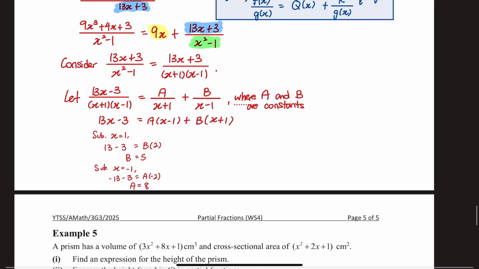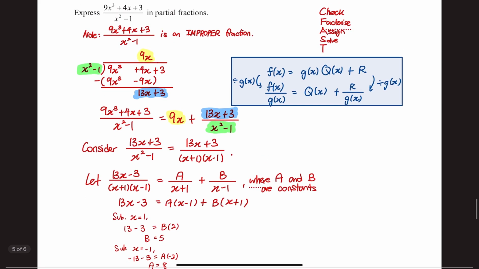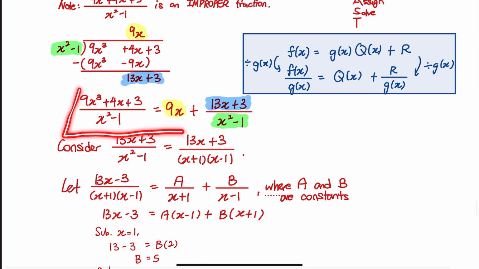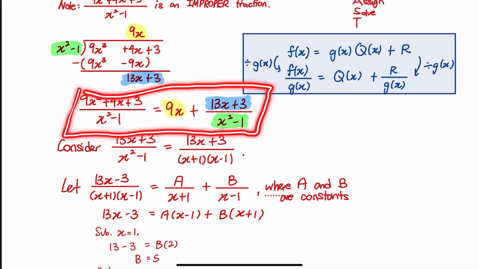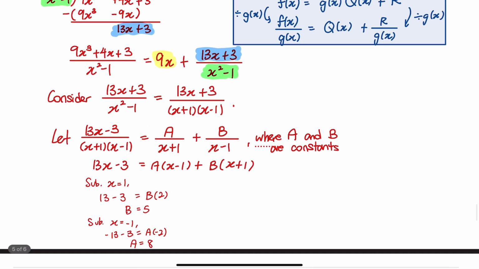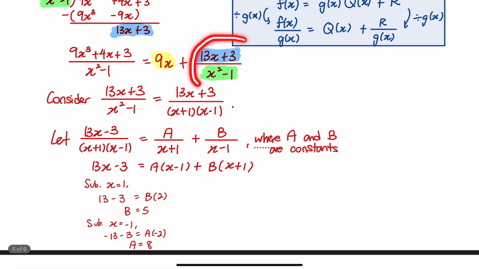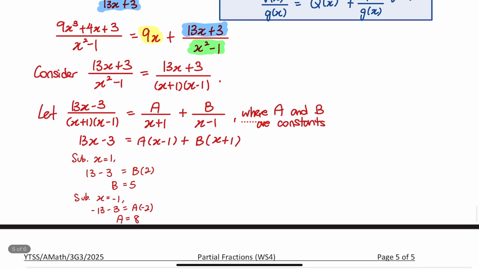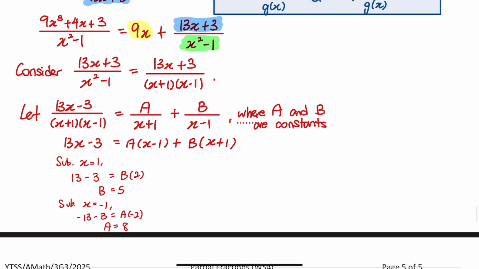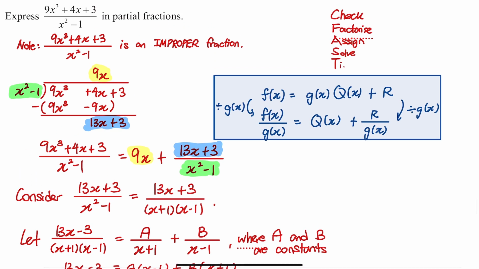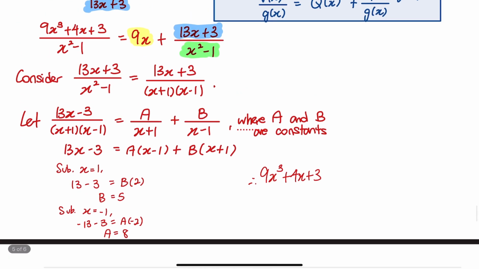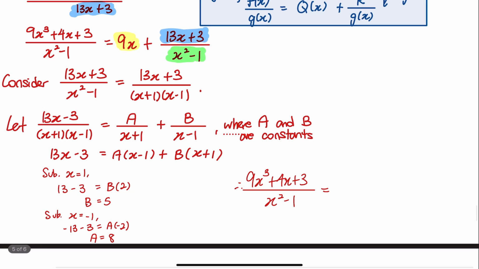Now, the final answer to this question. Remember, the original fraction is 9x cubed plus 4x plus 3 over x squared minus 1. I've used partial fraction decomposition to break this into its partial fractions. Let me write down, tie together, meaning this thing over x squared minus 1 is equal to, don't forget about this 9x.